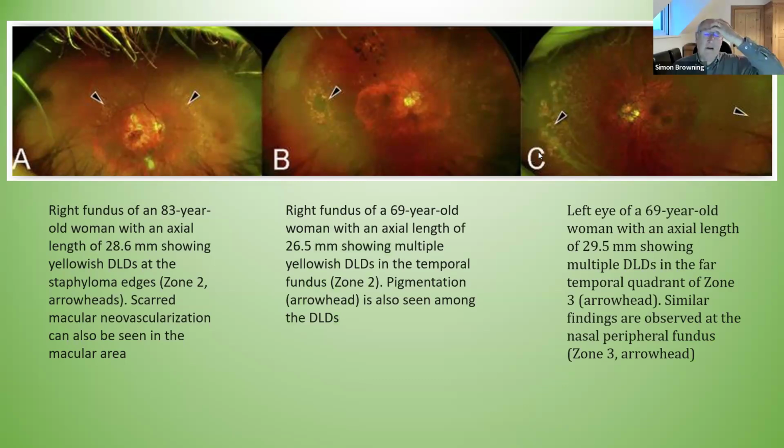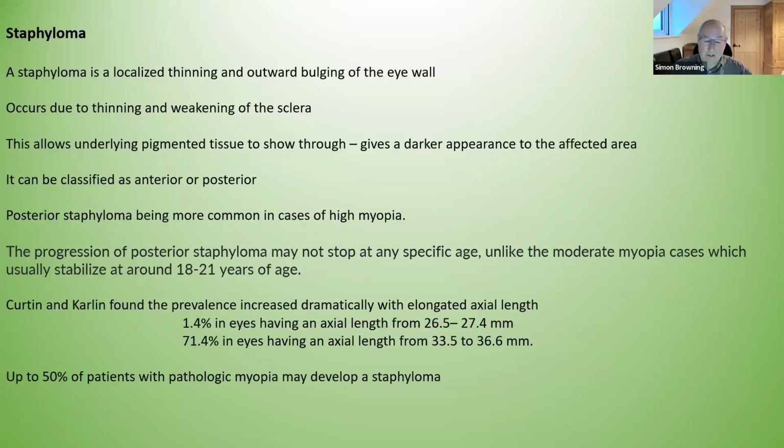Although we're dealing with peripheral degenerations tonight, I thought I'd just mention staphyloma as well, because it is part of high myopia. You're beginning to see breakdown of the sclera and the bulging out of the eye in those places. The important thing when you're looking for staphyloma: it's found in 1.4% of eyes having an axial length of 26.5 to 27, and 72% in eyes of 33 to 36 millimeters.